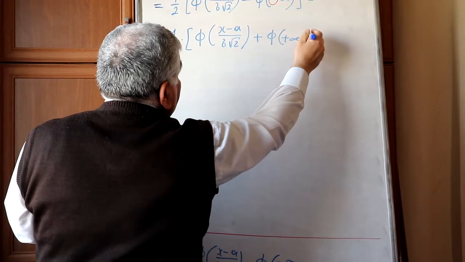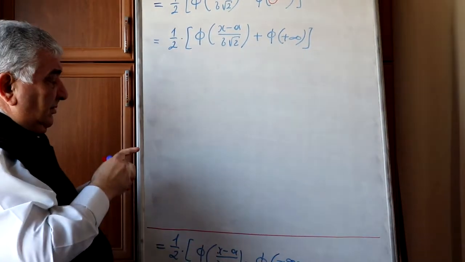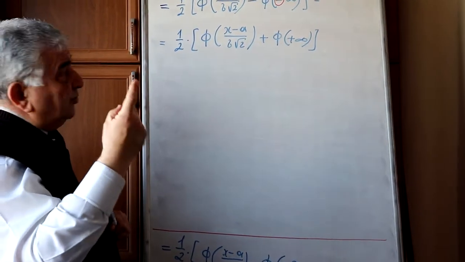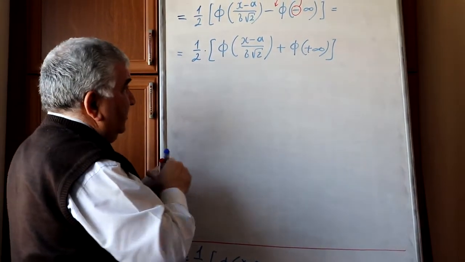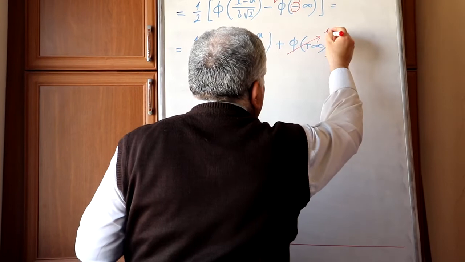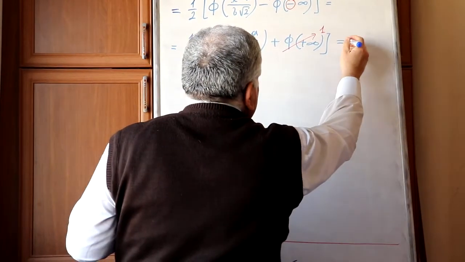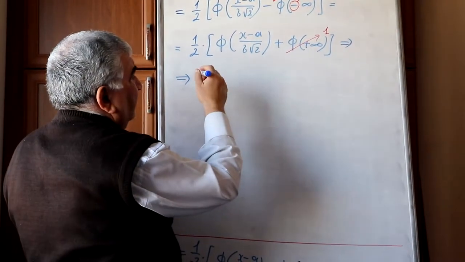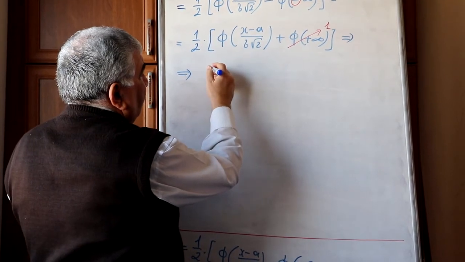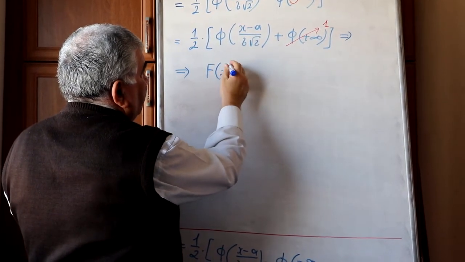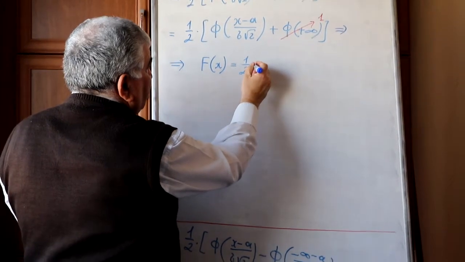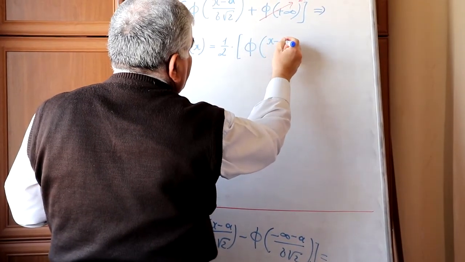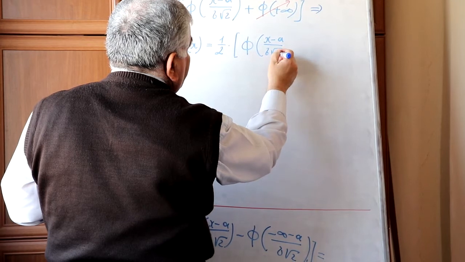And also you know that at infinity our function phi, that is the error integral, tends to unit, and therefore we will obtain that the integral distributive function will have the following form: F of x equals 1 second multiplied by phi of x minus a over sigma square root of 2 plus 1.